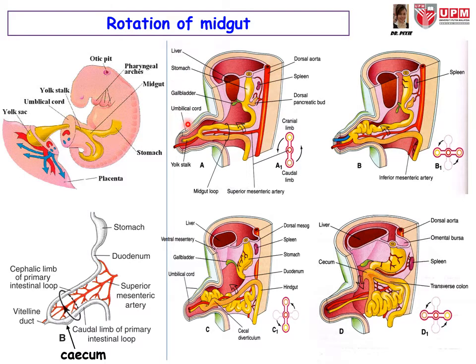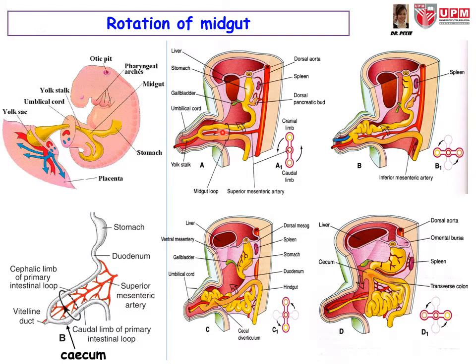So during the second month of development, to be exact around week 6, the midgut is undergoing a rapid growth in which the loop now undergoes a physiological herniation into the umbilical cord. It herniates outside the abdominal cavity due to the limited space in the abdominal cavity.